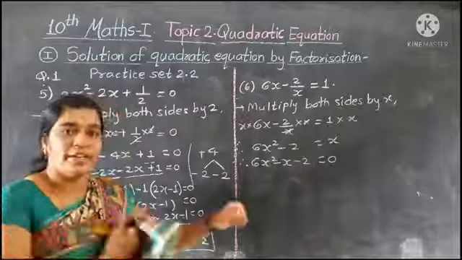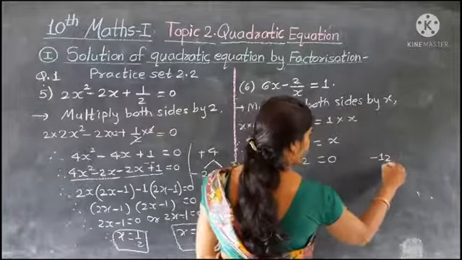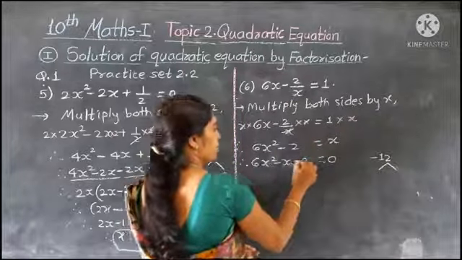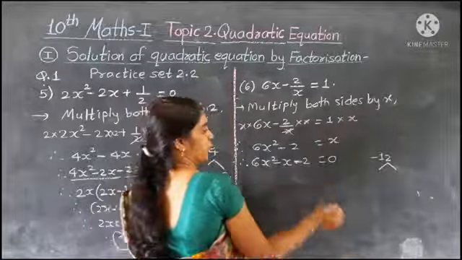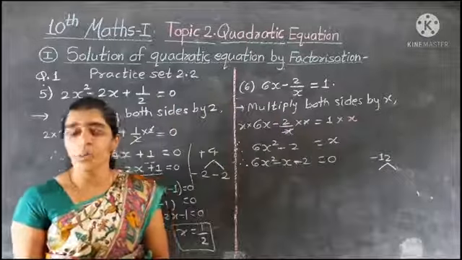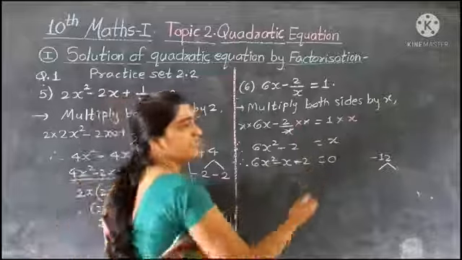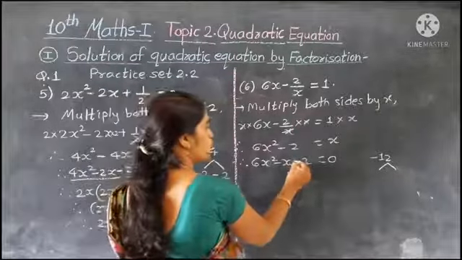This is the quadratic equation. Now factorize 6 into 12. Minus sign is there. So we have to find factors of 12 so that its subtraction is 1. So what are the factors of 12? Factors of 12 are 12 1s are 12, 6 2s are 12, 4 3s are 12. But we want the ones whose subtraction is 1.